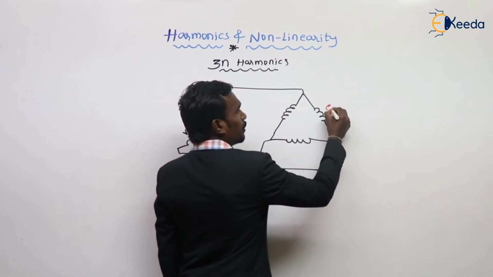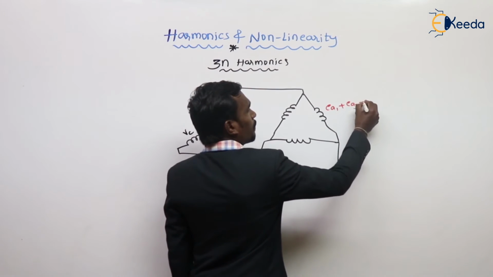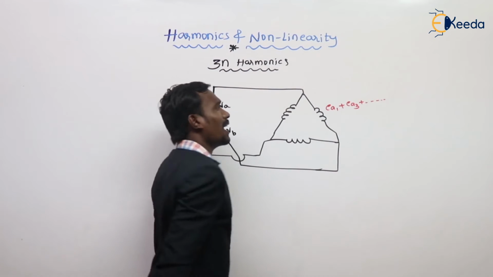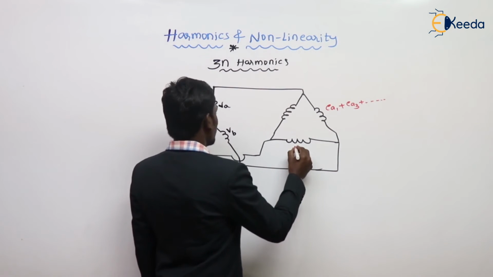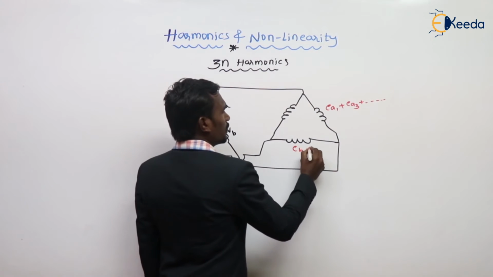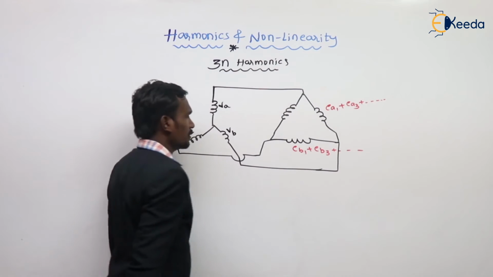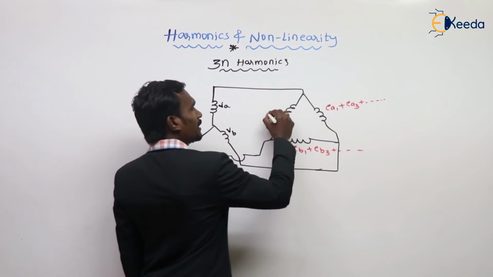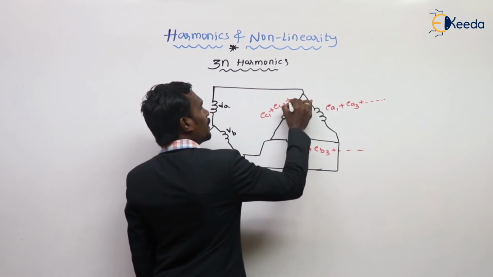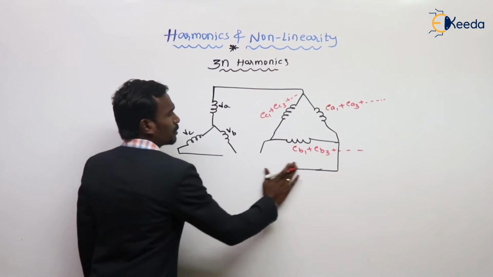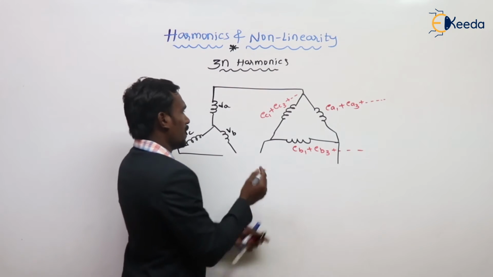This is, for example, EA1 plus EA3 plus EA5 and so on. And this is EB1 plus EB3 plus and so on. And this is EC1 plus EC3 plus and so on.